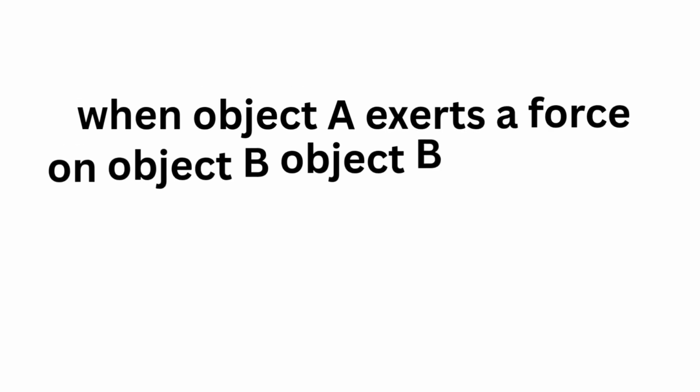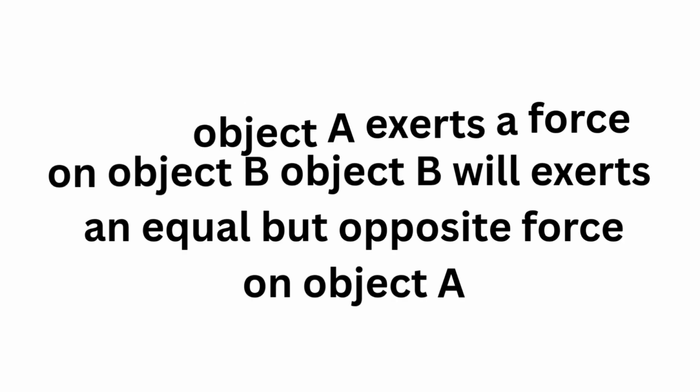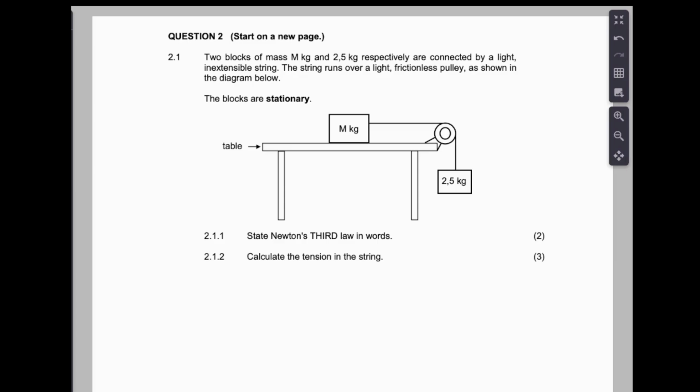When object A exerts a force on object B, object B simultaneously exerts an oppositely directed force of equal magnitude on object A. This is Newton's definition. If you give this answer, you have easily secured yourself 2 marks, right?